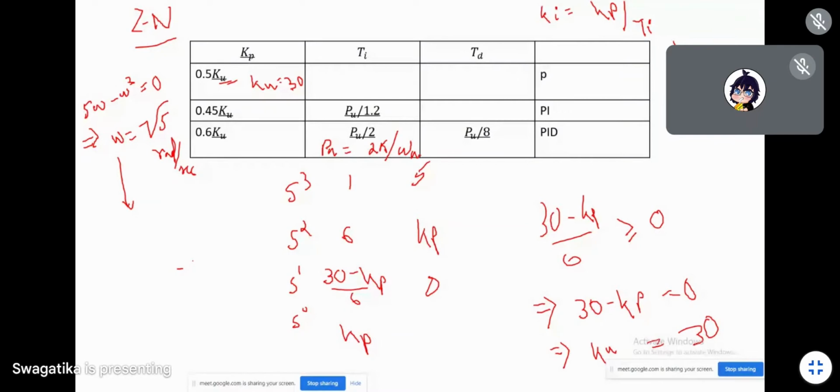What is the general transfer function for PID? Kp plus Ki divided by s plus Kds.